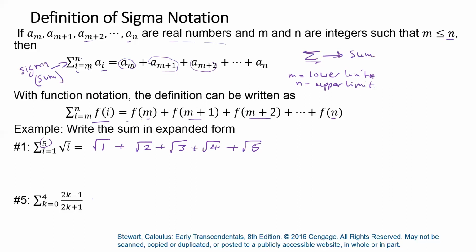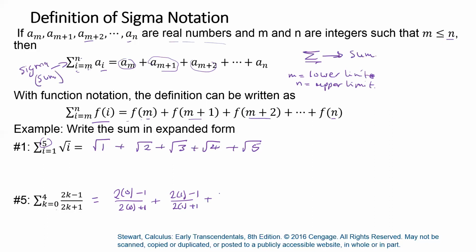Now let's evaluate the second one. The lower limit is k from 0 to 4. When k is equal to 0, that's 2 times 0 minus 1 divided by 2 times 0 plus 1. Then plus 2 times 1 minus 1 over 2 times 1 plus 1, that is k equal to 1.